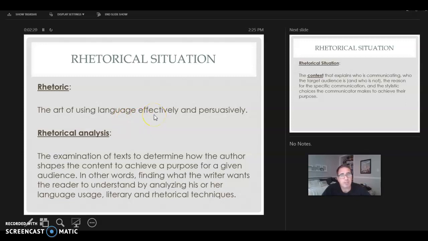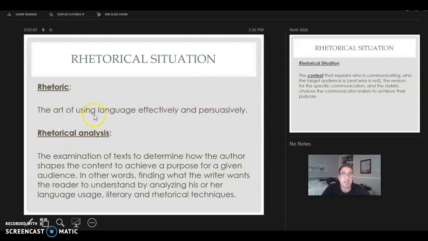However, rhetoric is a neutral term. It just means using language effectively and persuasively, which we all do every day, right? Every time you try to win an argument or persuade someone to your point of view, you are engaging in rhetoric. And in our class, we'll be engaging in rhetorical analysis.